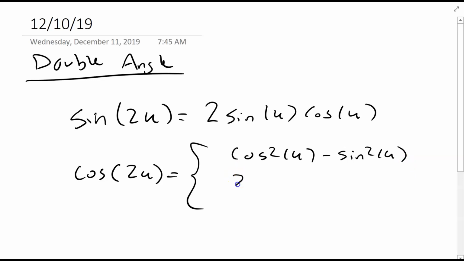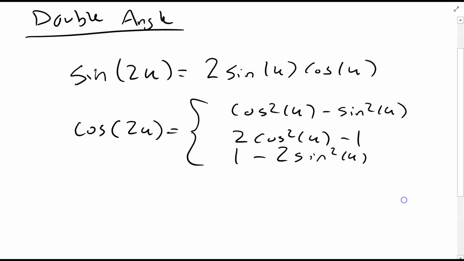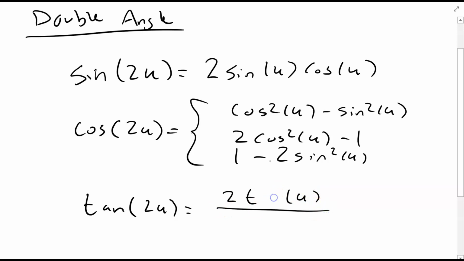They're all equivalent, and you can make any of them work, but if you choose one version over another in a proof problem, it could make your life much easier. So you have to be careful and think ahead a little bit. So these are the three double angle identities.